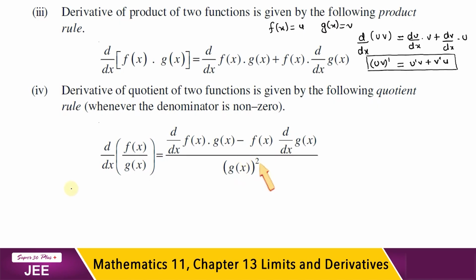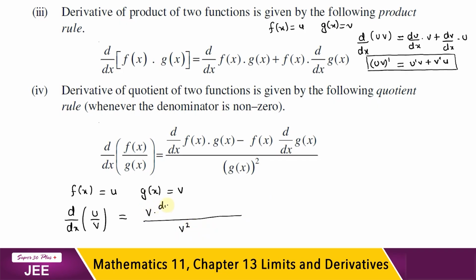Let's consider that f(x) is equal to u and g(x) is equal to v. So d/dx of u/v is given by v squared in the denominator. Then over here we will have v multiplied by du/dx minus u multiplied by dv/dx.